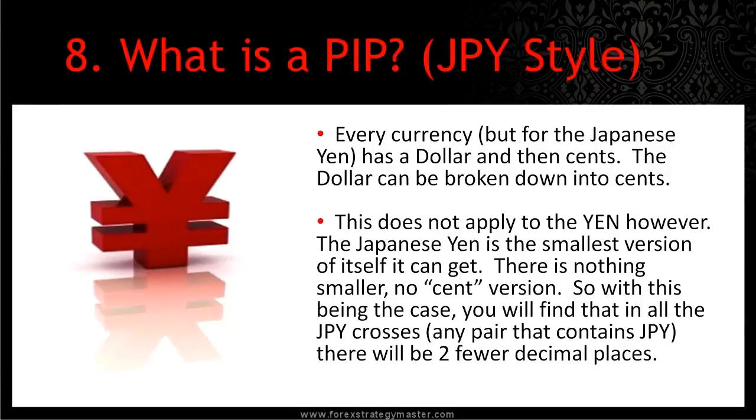Now we've got $1, you can make 100 cents. The Japanese yen is the smallest denomination that this currency comes in. There is nothing smaller, no cent version to the Japanese yen. So with this being the case, you will find that in all the yen crosses, any pair that contains the Japanese yen, there will be 2 fewer decimal places.